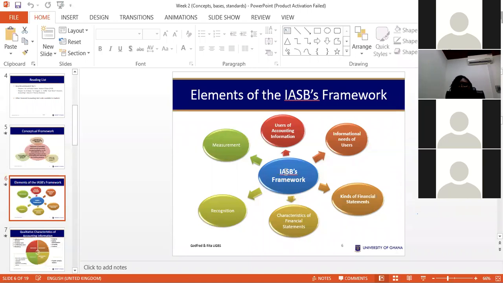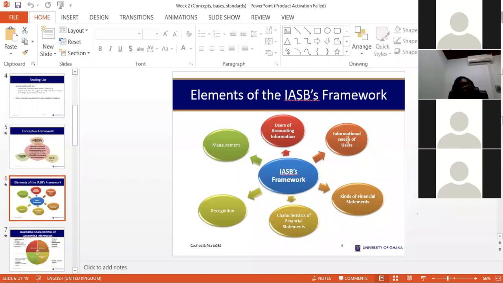So the guideline as to who users are has been agreed on and incorporated in that framework so that everybody who is preparing the financials knows that for this financial statement, these are the category of people for which we are preparing the general purpose financials.